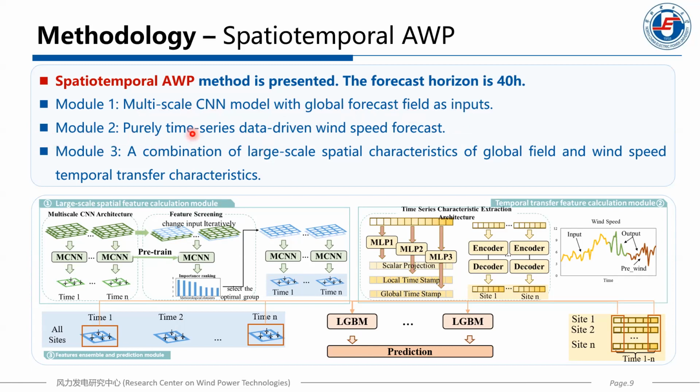The second one is a purely time series data-driven approach, like Informer or Transformer, doing the prediction from very long time series data. Then we combine them, more like an ensemble method, combining these two results together to generate a new one.